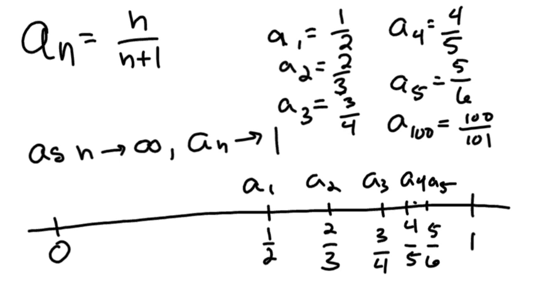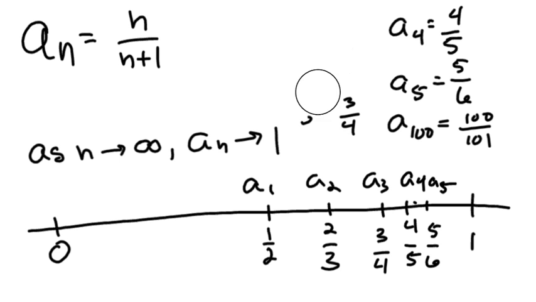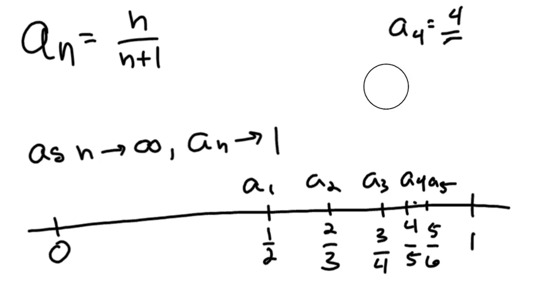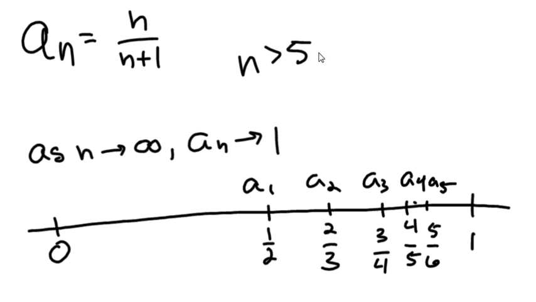Now, like in the previous problem, can I write an interval where the rest of the terms that are greater than 5, or greater than or equal to 6, lie? Well, if n is greater than 5, it looks like the terms a sub n will be less than 1, but greater than 5/6.